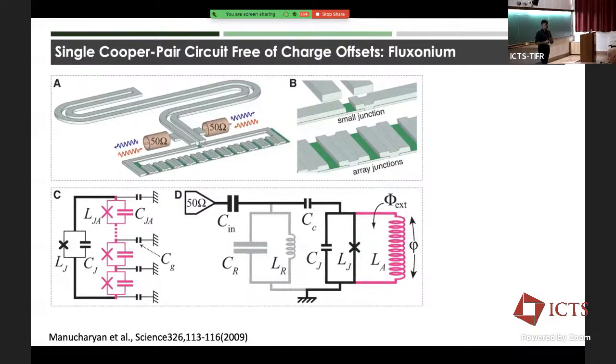You get into this parameter space called the fluxonium. And this inductor turns out to be non-trivial to make, because the value of inductance you need is big enough that it's actually not possible to build such an inductor by just having a piece of wire.